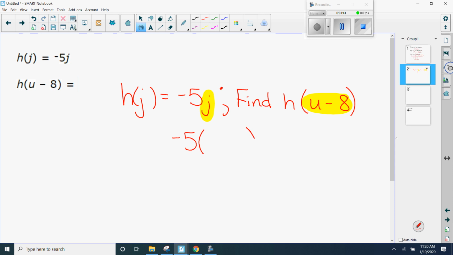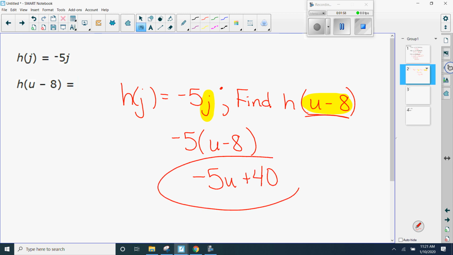J is your variable, so you put parentheses. What are you going to put inside those parentheses? U minus 8. So we put in u minus 8, and if you use the distributive property, you get 5u plus 40. Now you could say that is what h of u minus 8 is.